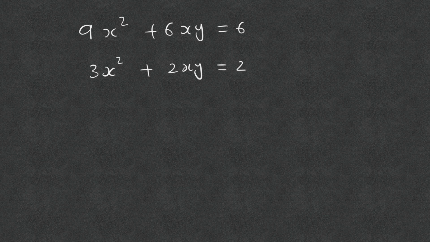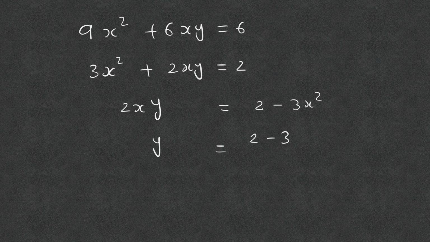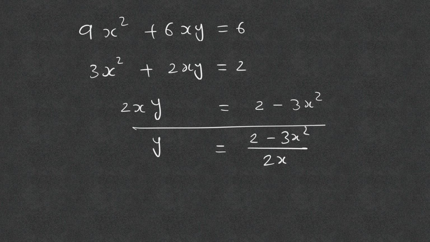From this equation, we'll isolate y. And so we have 2xy equals 2 minus 3x squared. By isolating y, we have y equals (2 minus 3x squared) divided by 2x. We'll use this value of y in equation 2.